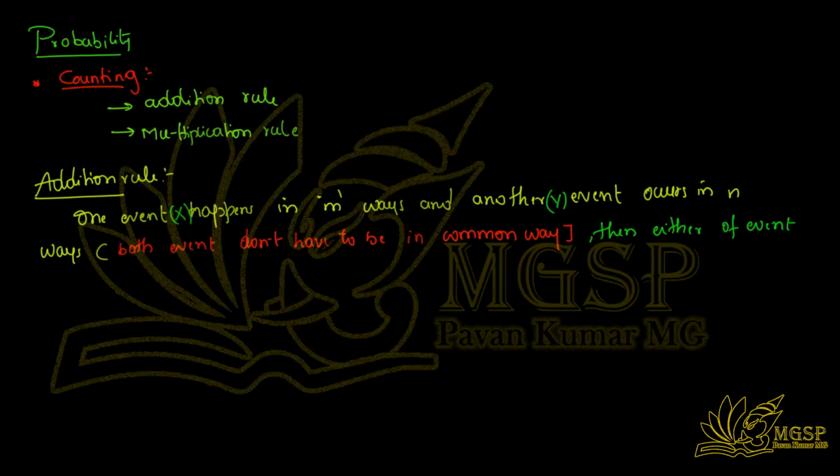Either of event x or event y can happen or occur in m plus n ways. So this is what the addition rule is.